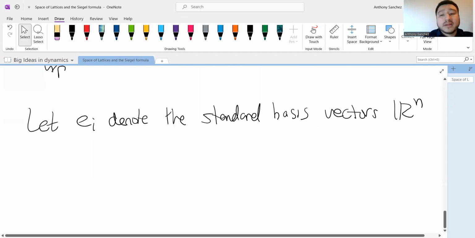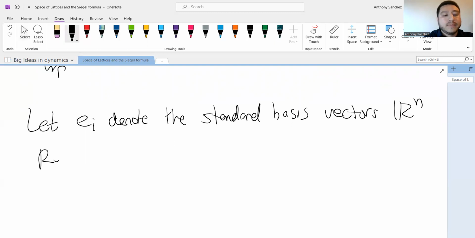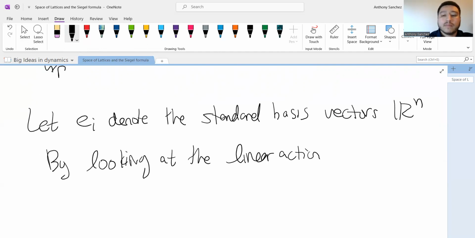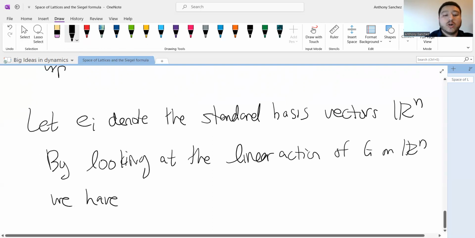So I want to recall the very obvious linear action of G on Rn. By looking at the linear action, we have the following, thanks to the orbit stabilizer theorem.